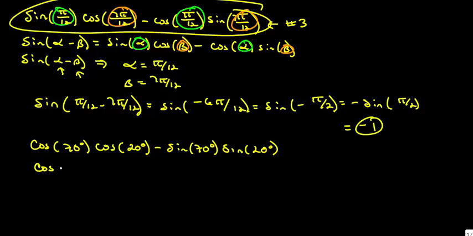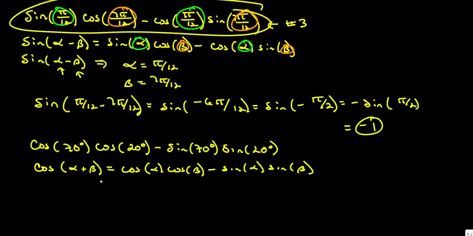And we know that the cosine of alpha plus beta is equal to the cosine of alpha cosine beta minus sine alpha sine beta. So that must imply, putting these two things together, that my alpha is 20 degrees and my beta is 70 degrees, and I'm using the addition.